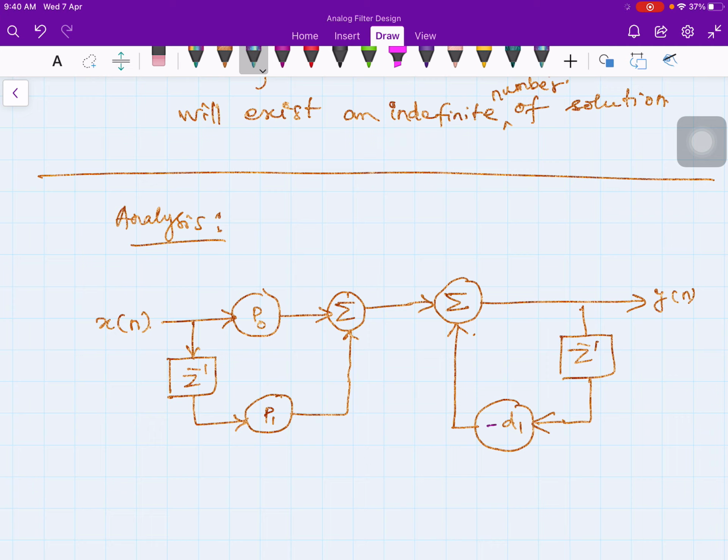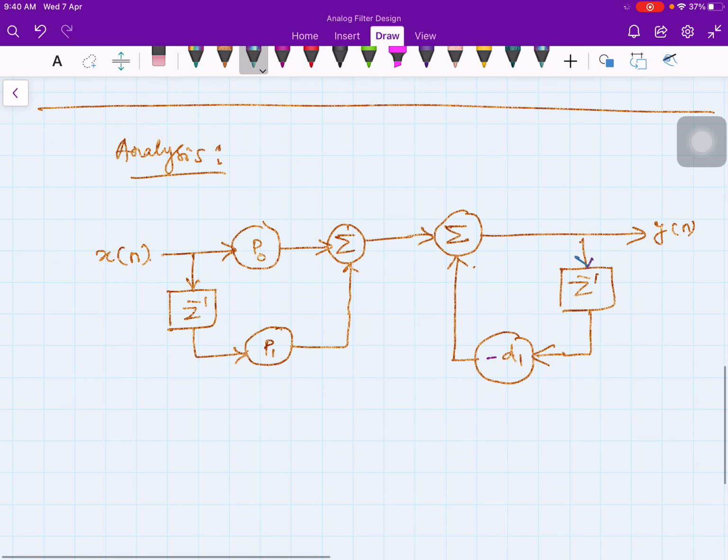Okay, you must show the direction of signal flow. If an arrow is missing, your structure does not make any sense. Okay, suppose the problem is that of analyzing the structure.